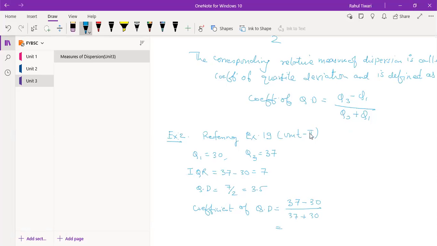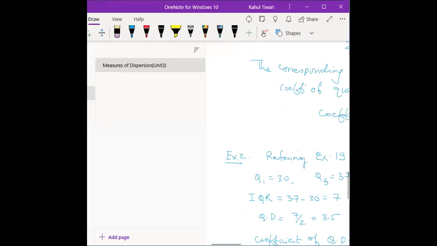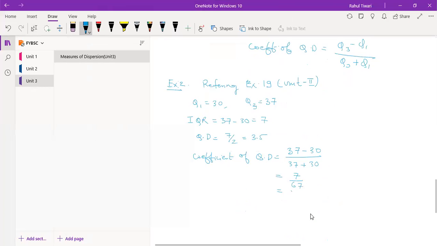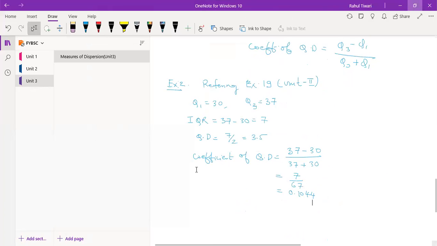This is going to be 7 upon 67. Put your answer in the chat box. So the answer is 0.104, according to the students. Yeah, 0.1044, correct.